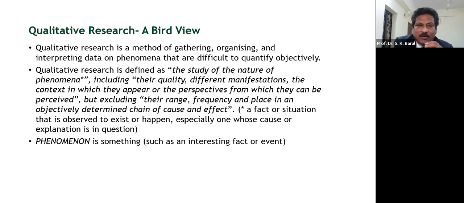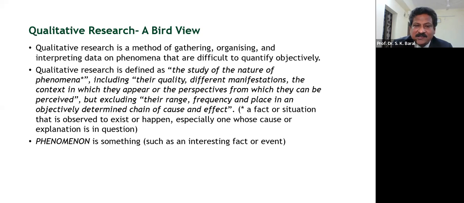And where quantitative research fails, qualitative research works like anything. It is a miracle. Qualitative research is a method of gathering, organizing, and interpreting data of phenomena that are difficult to quantify objectively. So many terms are there which are very difficult to explain in quantitative terms.